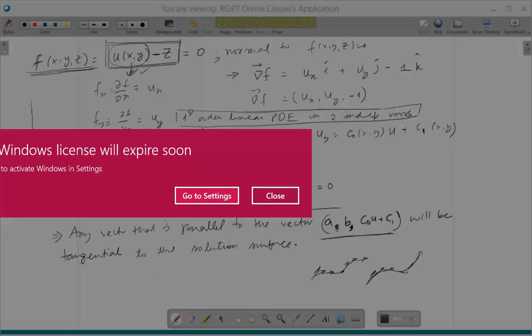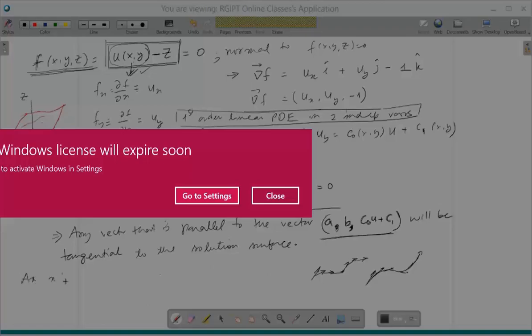As I change x, y, in the solution surface my tangential vector will keep on changing, depending on how you change x. So you're basically moving on this surface along a curve.